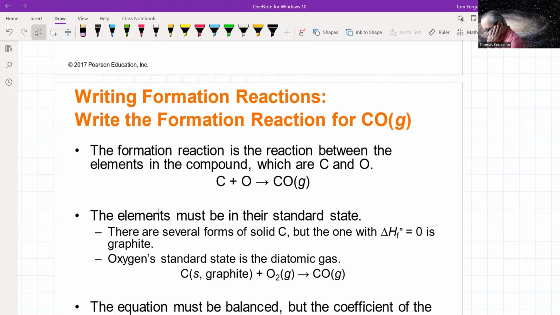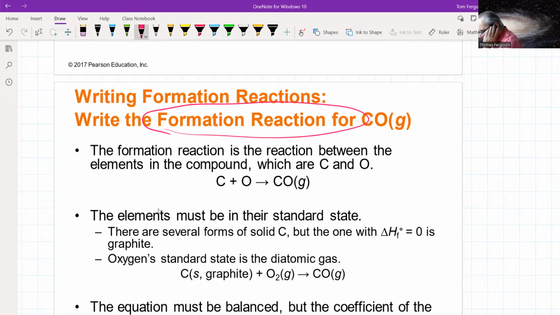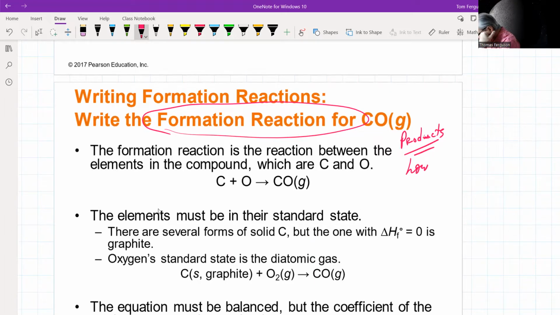Okay, the formation reaction is how do we make the product?